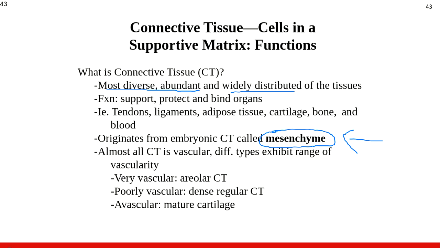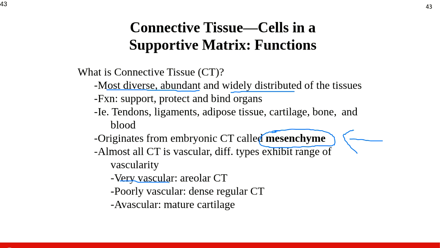Our loose connective tissue will have a large amount of vascularity, so it will be very vascular. If you have loose connective tissue, that means you have a lot of ground substance, a few cells and some protein fibers. With a lot of ground substance, you have a lot of space, and blood vessels can grow in there.